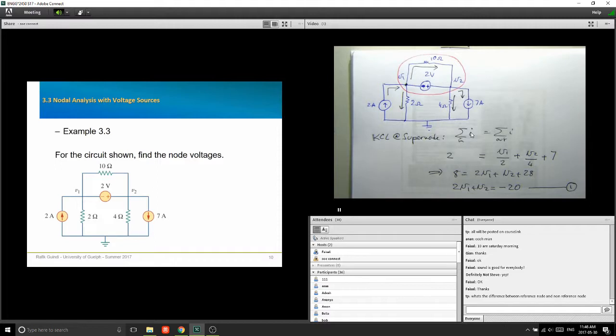Any questions? A reference node is not an unknown. The reference node has a voltage that's assumed to be 0. There's a question here, somebody's asking, what is the difference between reference node and non-reference node?